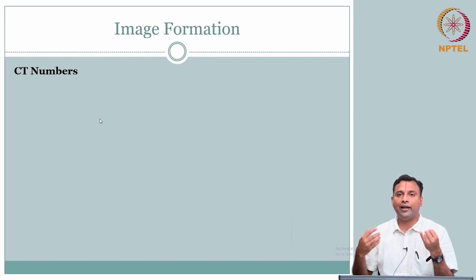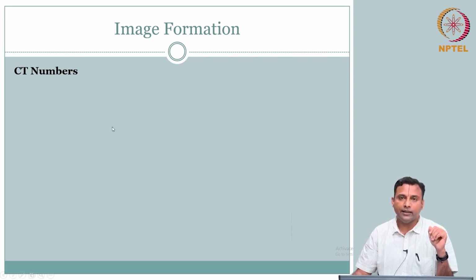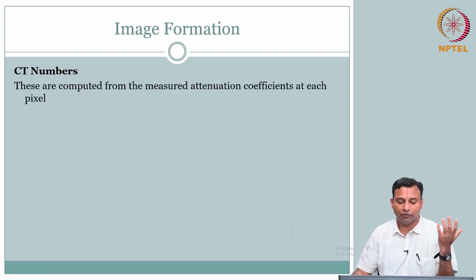Inside the body you have air, hydrogen, water, and then various combinations: fat, tissue, muscle, bone, some density changes. So the idea is I want to convert that. Is there something that I can calibrate against, a reference? Usually water is taken as the reference.